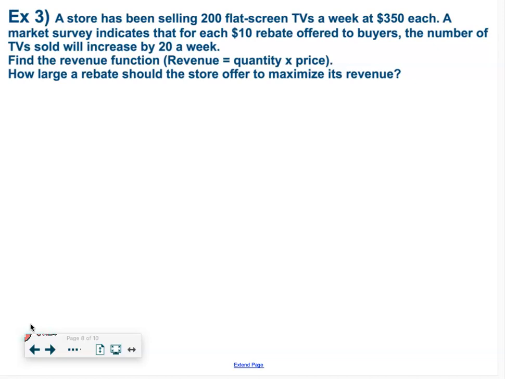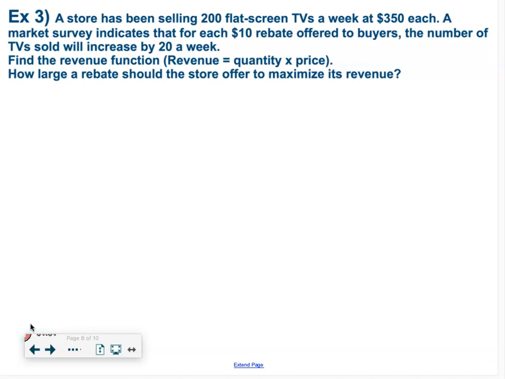Okay. So a store has been selling 200 flat screen TVs a week at $350 a piece. A market survey indicates that for every $10 rebate offered to buyers, the number of TVs sold will increase by 20 per week.